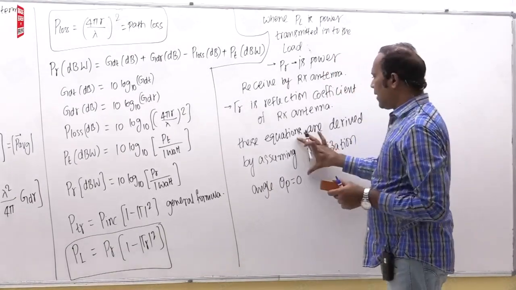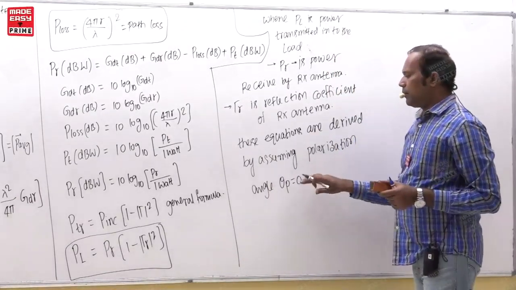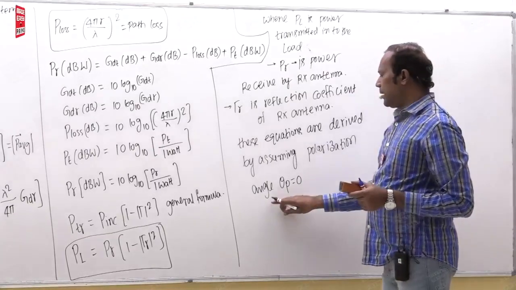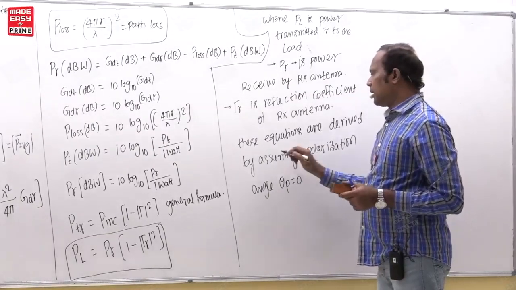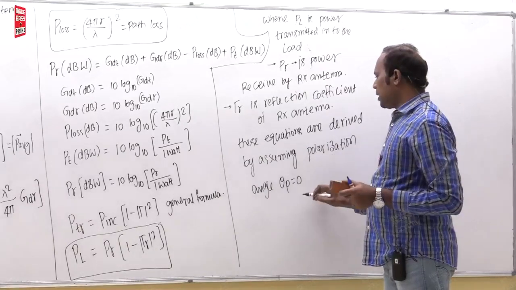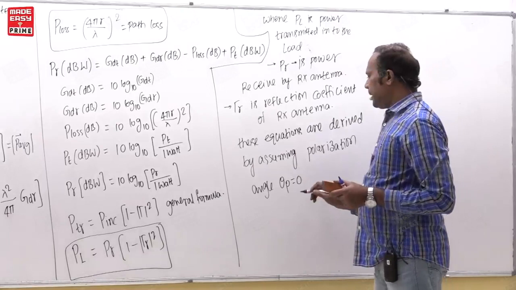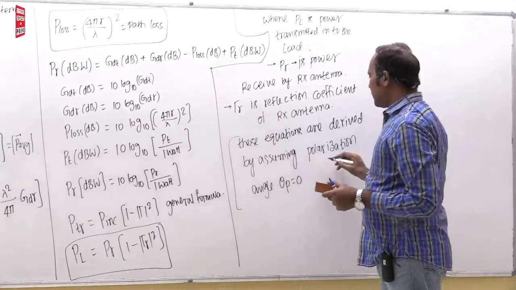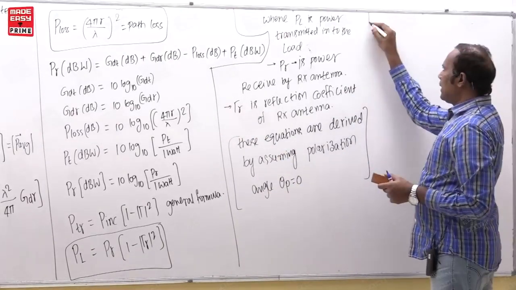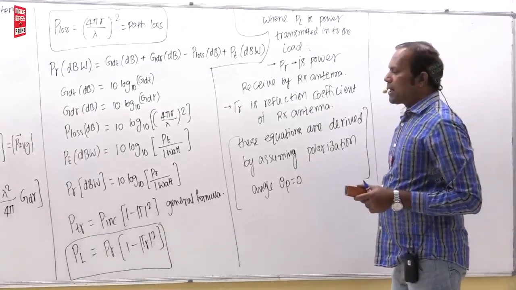I will explain; now you will not understand. We are going to describe that by taking theta p. Okay, don't worry about that. These equations are derived by assuming polarization angle theta p is 0. Now we have to talk of polarization loss factor.